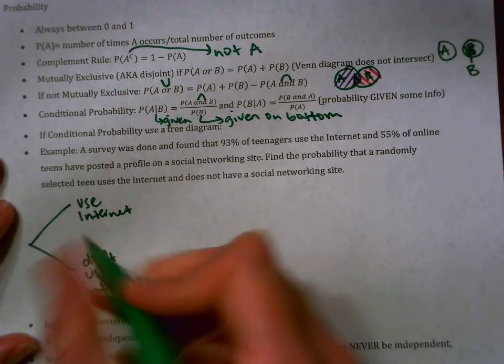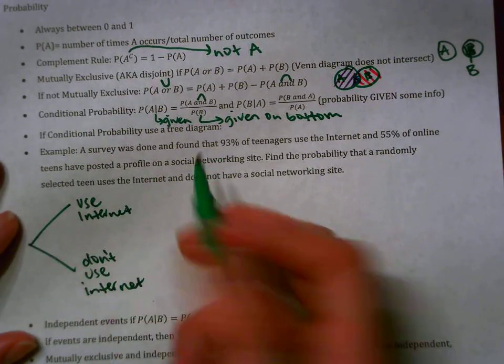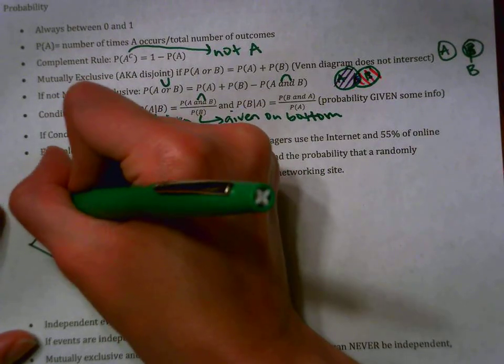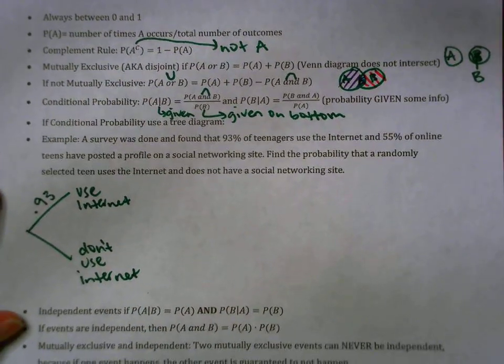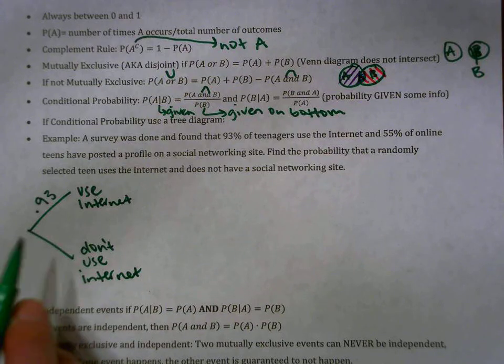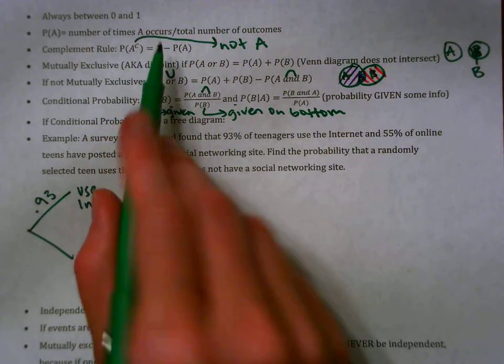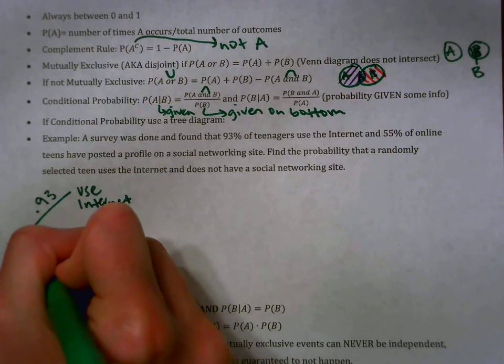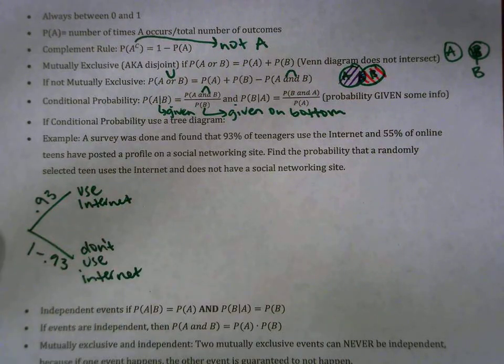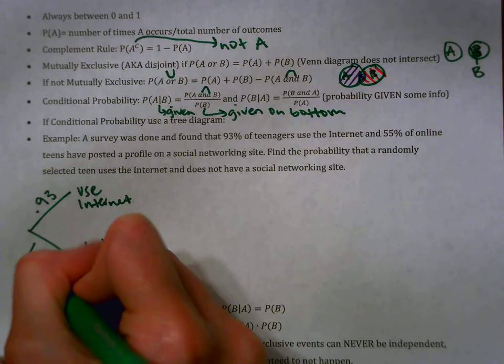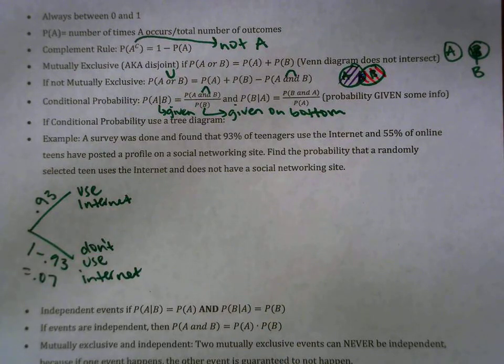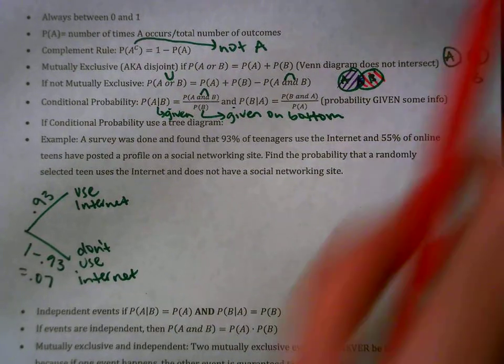So the probability of using the internet is 0.93. Always change it to decimals. So what does that make this probability? It has to be this or this. So it's the complement, right? It's what we talked about up here. It'd be 1 minus 0.93, which is 0.07.